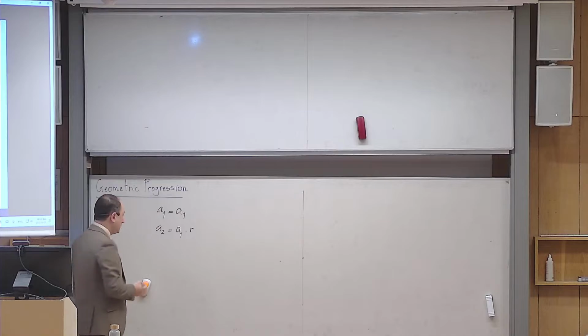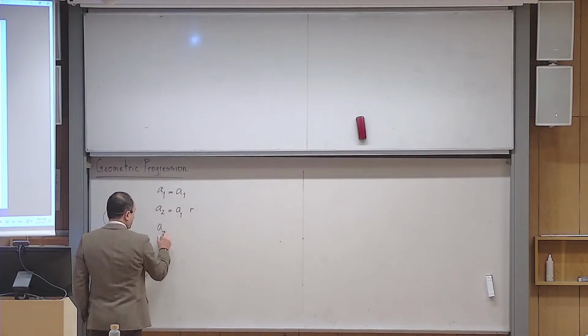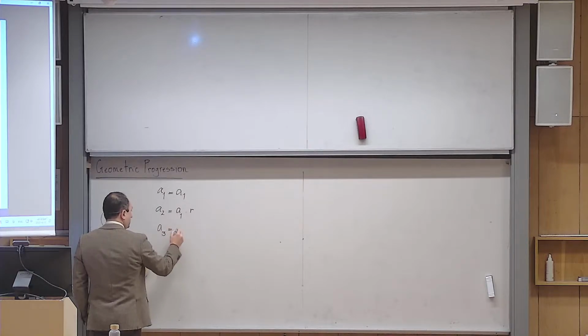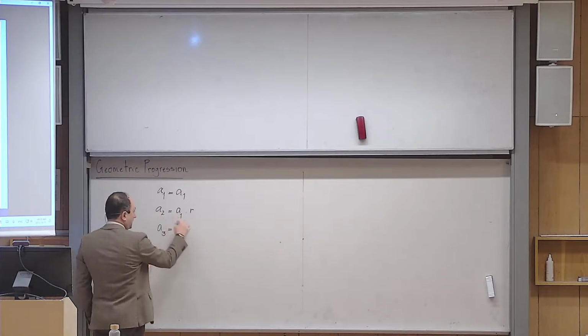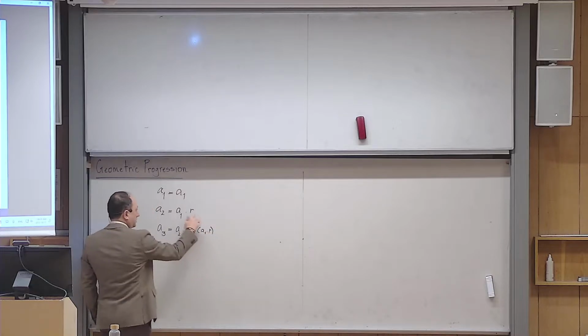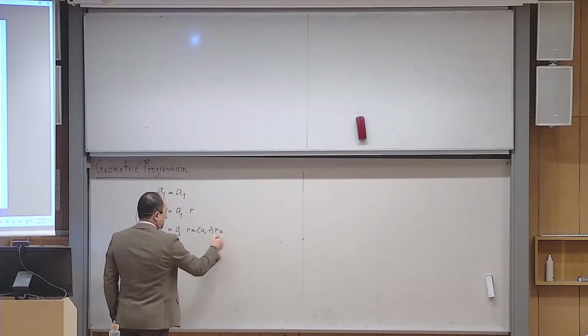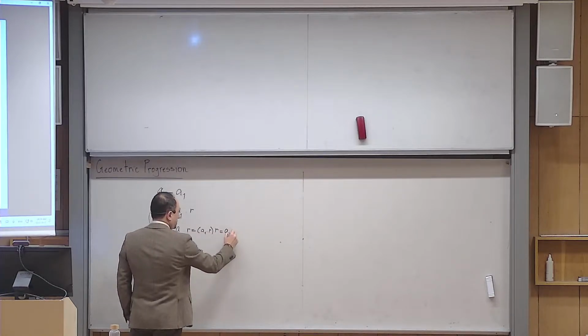And if I ask you what is a sub 3, you would tell me that I take the previous term, a2, and multiply it by the common ratio. But the second term itself is a1 times r, and then I have another r here. If I remove the pair of brackets, I get a1, r times r is r squared.